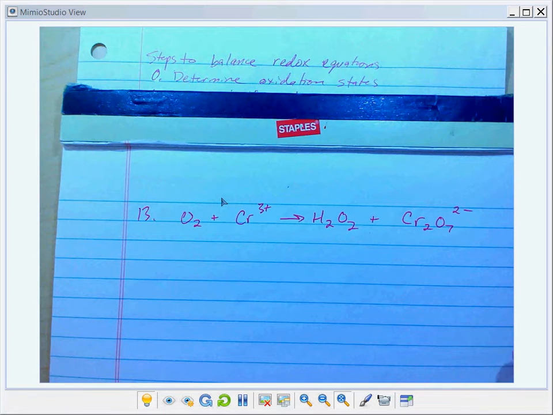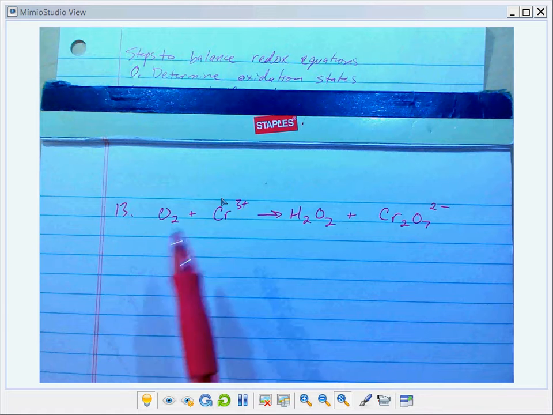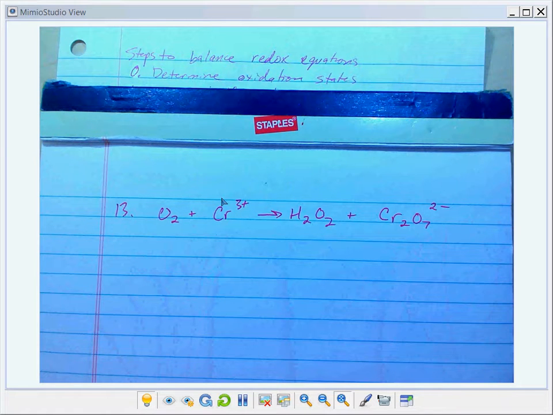And charges are definitely not balanced in number 13. If you notice, there's a 3 plus here and a 2 minus there. We need to make sure that when you have oxidation and reduction, you have the correct number of electrons going back and forth between the two species. And that's all behind the scenes.